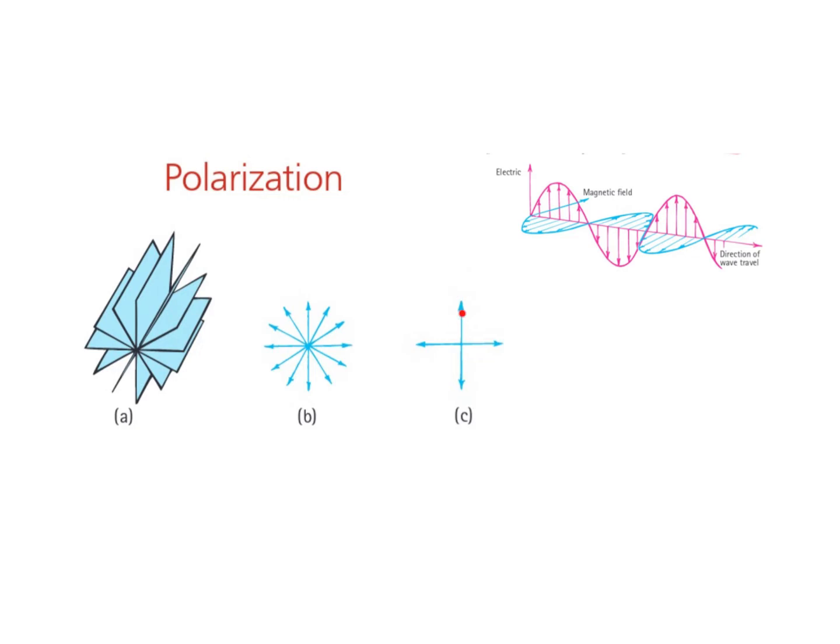You would only have up and down electric fields. You would have no left to right electric fields. We would say that that light is polarized light. It's polarized vertically. And if I had a material where all the electrons were only vibrating left to right, I would have a horizontal polarization. But if I've got all the possible vibrations, then it's not polarized at all.